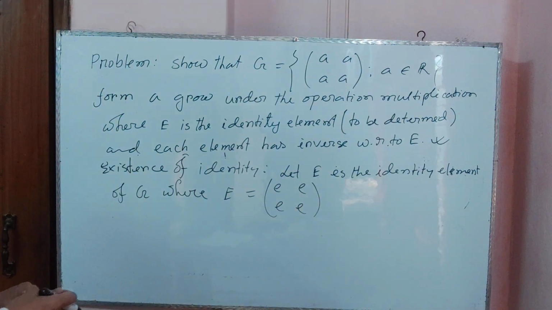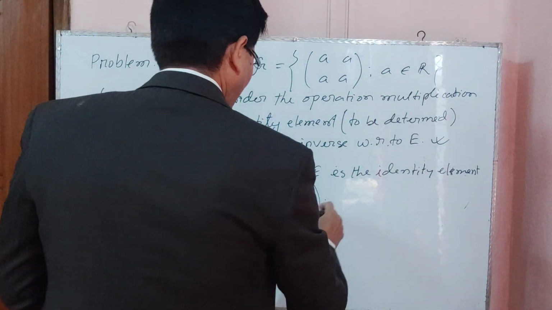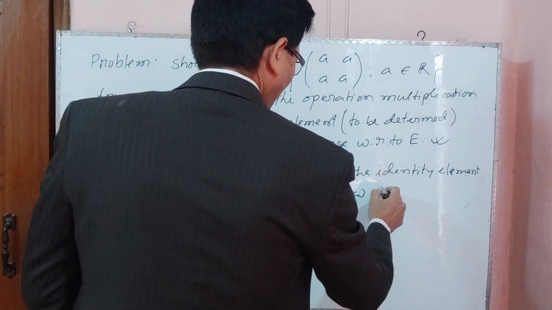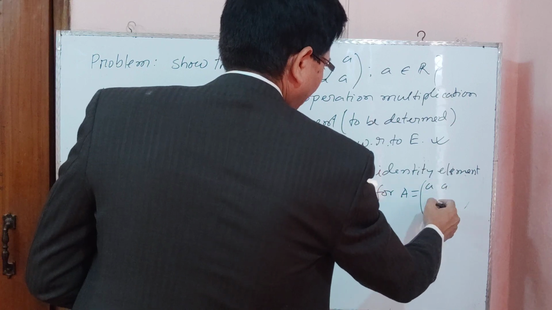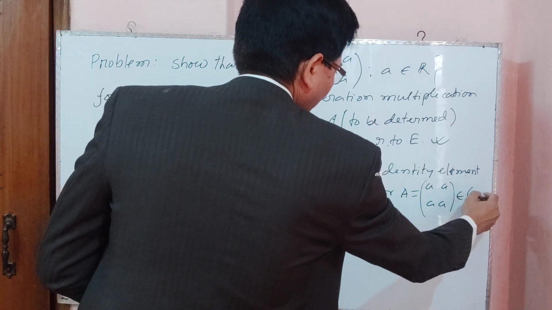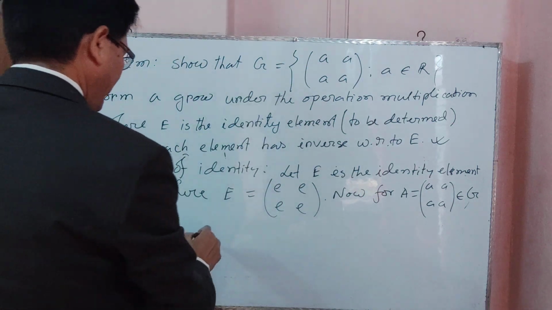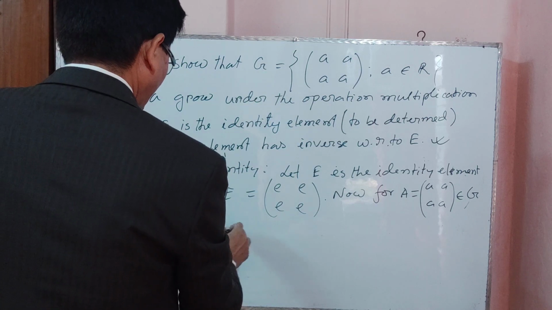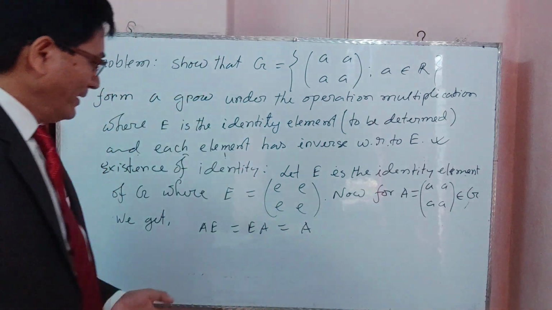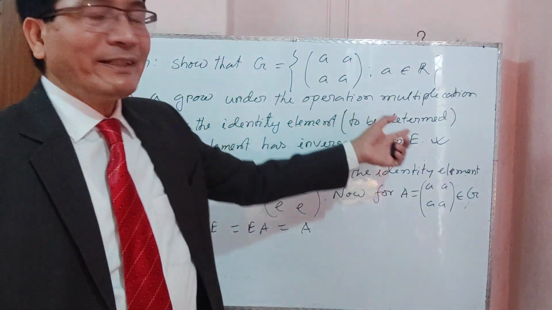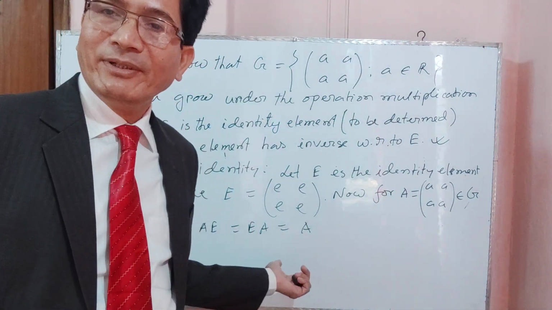Okay, dear students. Now for any element A, where A belongs to Z, we get A equal EA equal A. Because the identity element exists and we proposed E is the identity element, so this is the property of identity elements.